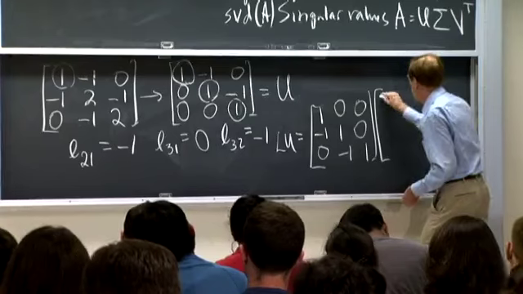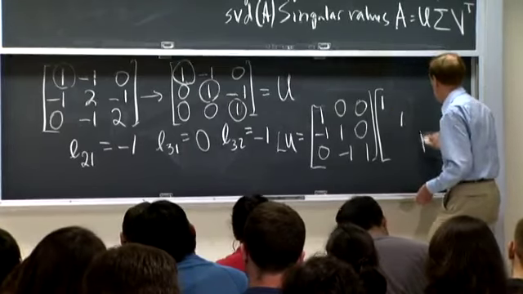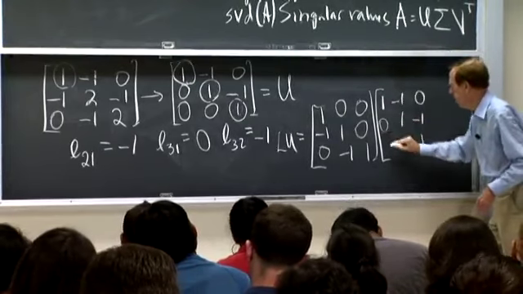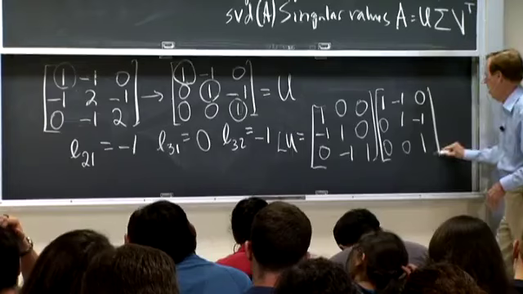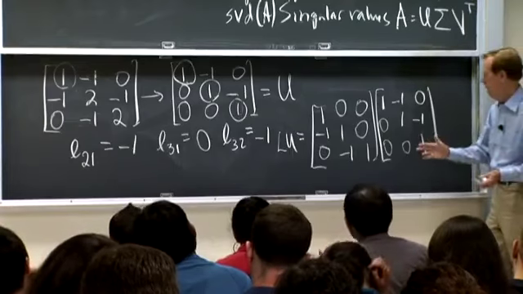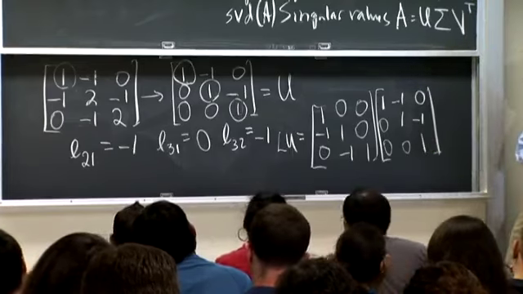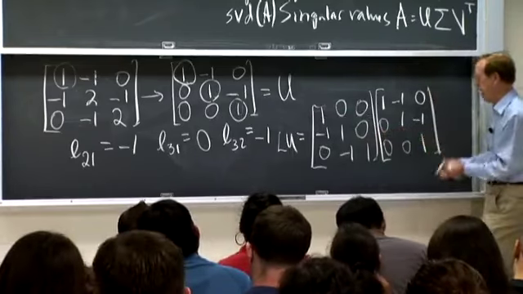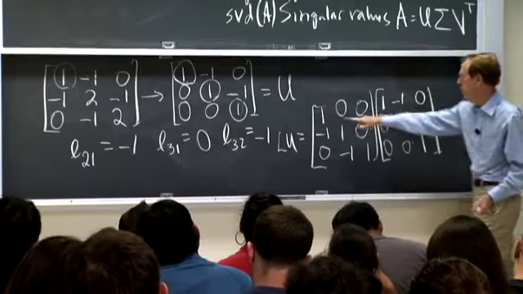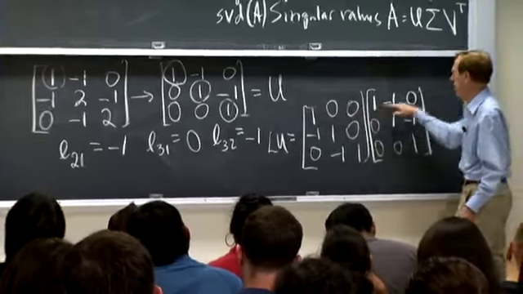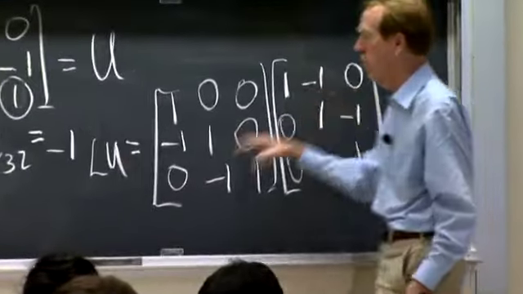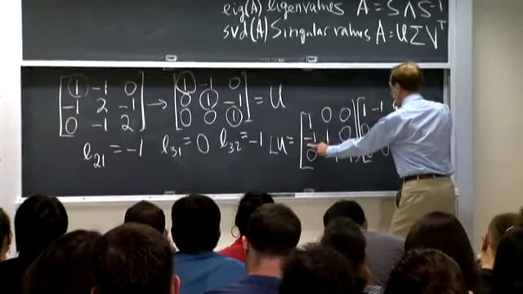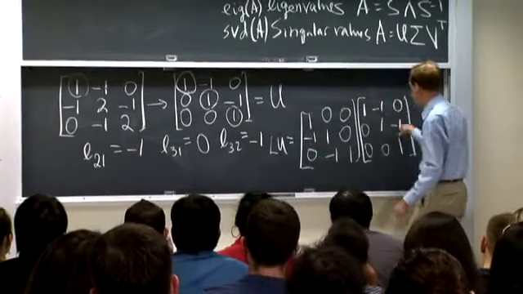So what is U? Oh, I just have to copy it. 1, 1, 1, minus 1, minus 1, 0. I could fill in the zeros, but I know they're there. That's L times U. And sure enough, if I do the multiplication, how would you do that multiplication? I would say when I see that 1, 0, 0 multiplying these, I get 1 of the first row. That's correct in A. Here I would say this is minus 1 of the first row plus 1 of the second row.